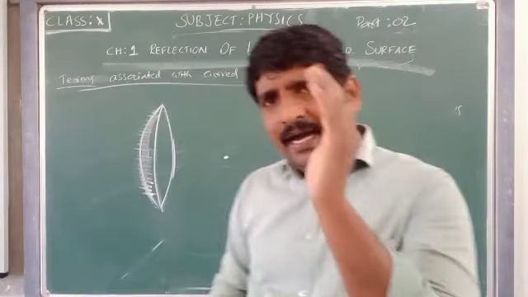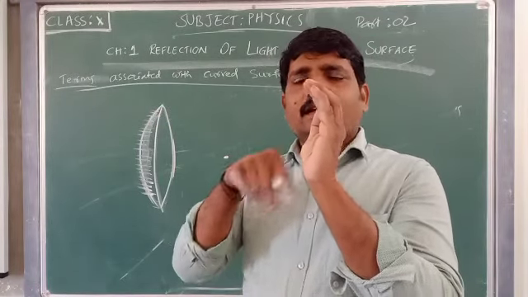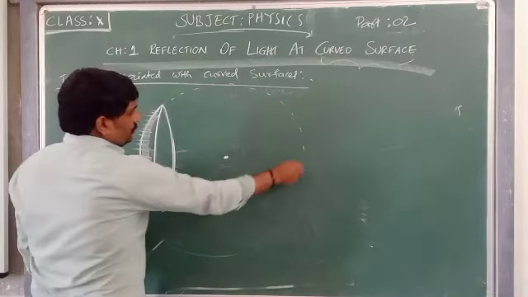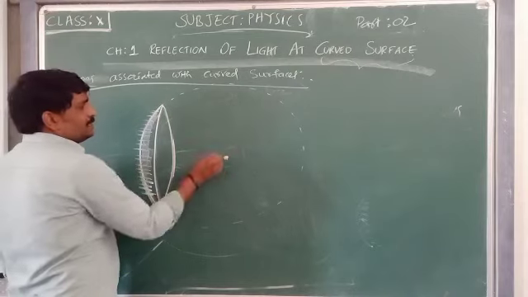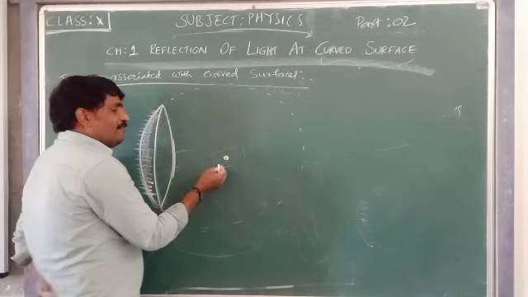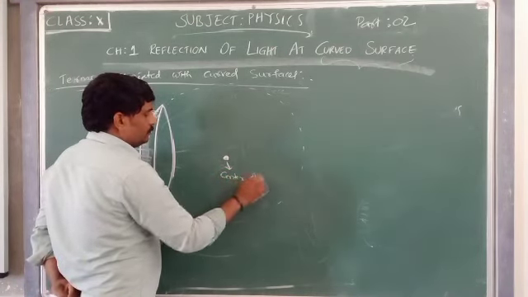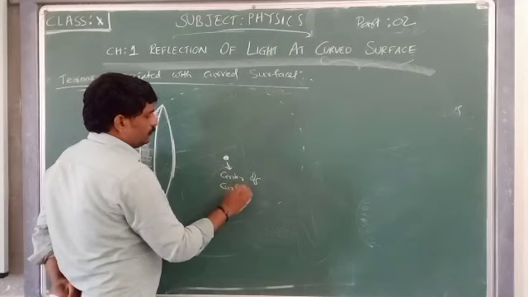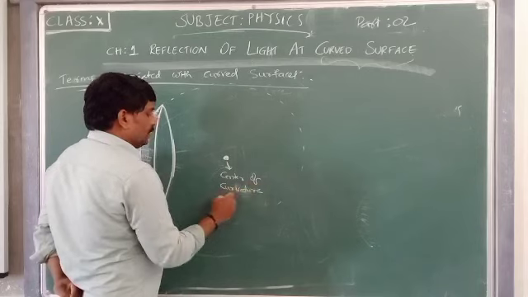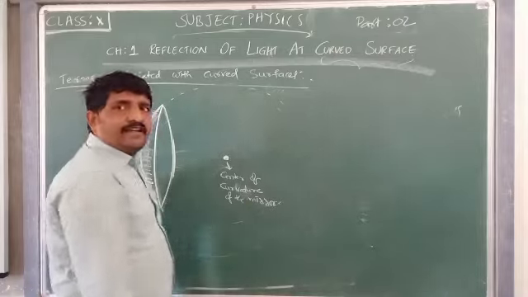As the curved surface or a concave mirror is obtained from a sphere, the geometrical center of this sphere is acting like a center of curvature of the mirror.